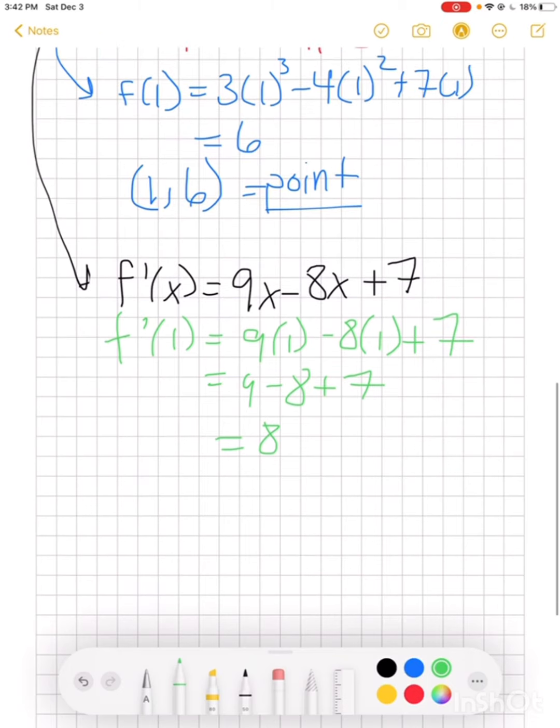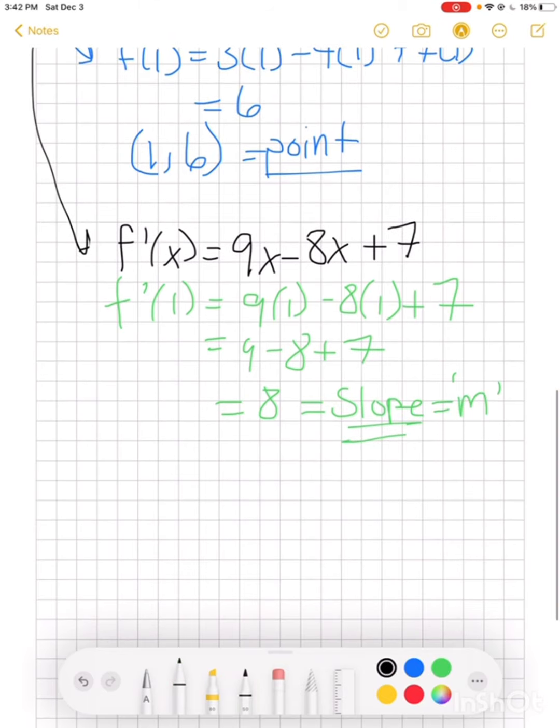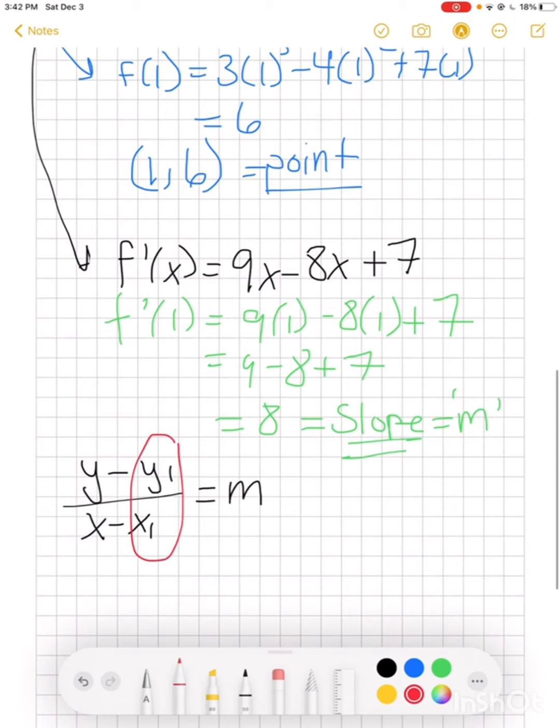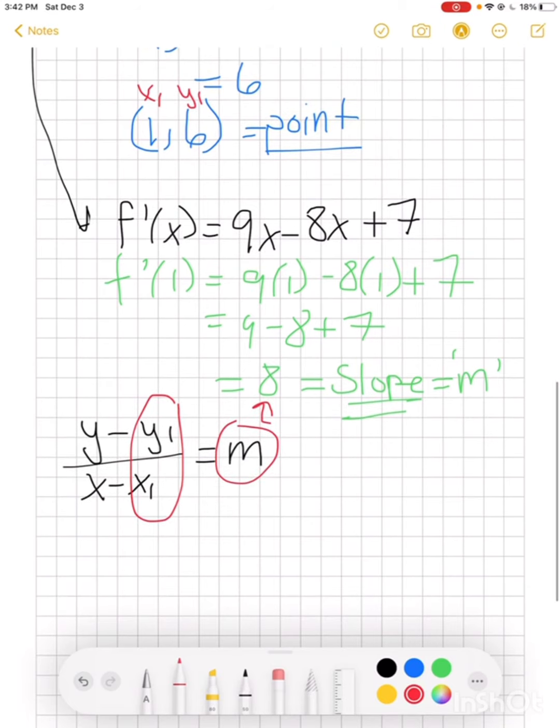So now we know that 8 is our slope, aka our m value that we're going to use in our handy-dandy point-slope formula, which goes like this. (y minus y1) over (x minus x1) equals m. And again, remember this y1, x1 is just right here. It's that (1, 6) that we found, and our m is just our slope that we found.